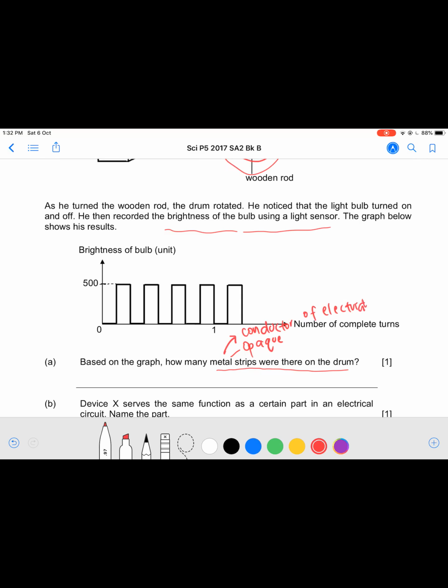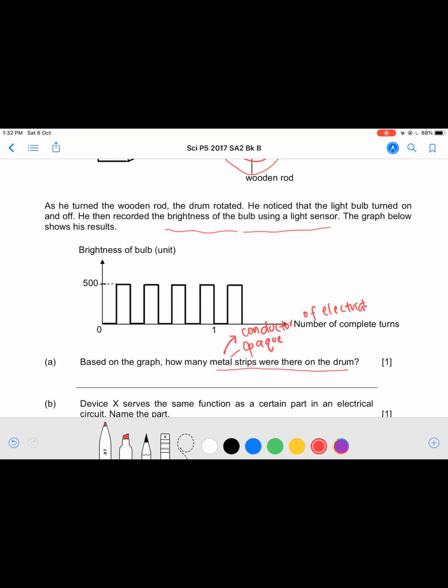Okay, so if it is a conductor of electricity, it's going to have the lights lighted up. Okay, so if it is lighted up already, that means all this would be when the metal strips are rotated too. That's why it lighted up.